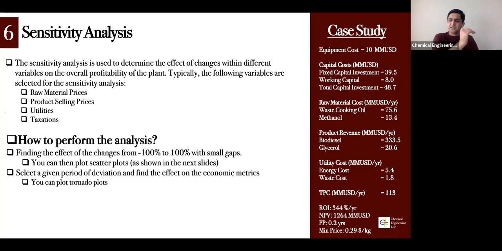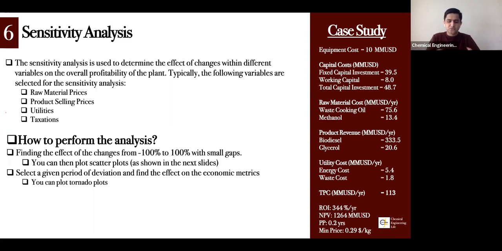That means that let's say the price decreased in value, decreased up until -100, or it increased by 100%. With different intervals, you could do 10%, you can do 5%. Anyhow, you go from -100 to +100. Then you can plot a scatter graph to show how it affects the economic metrics.